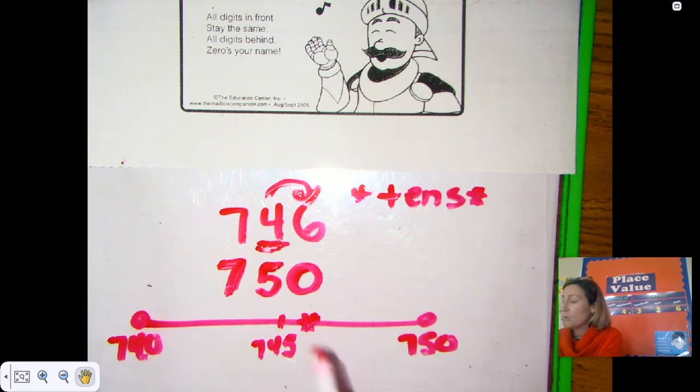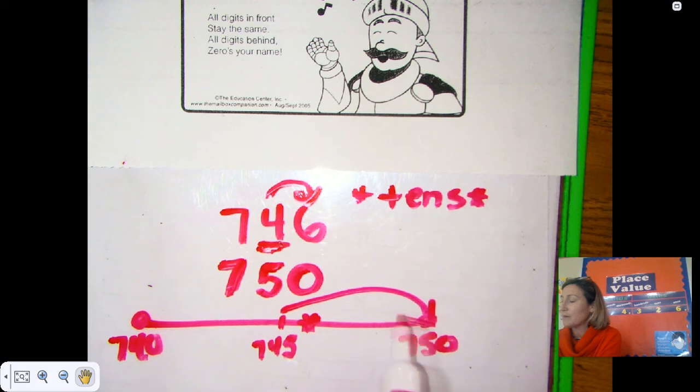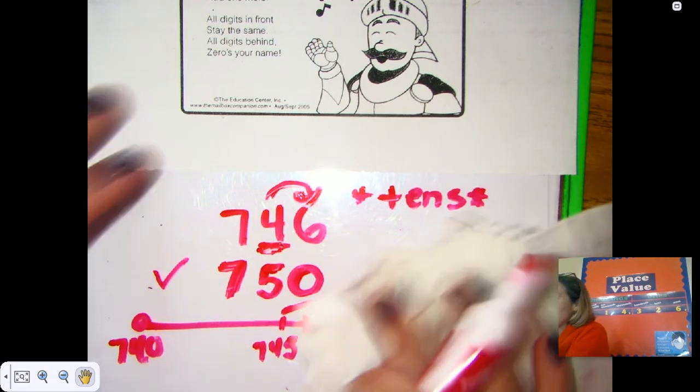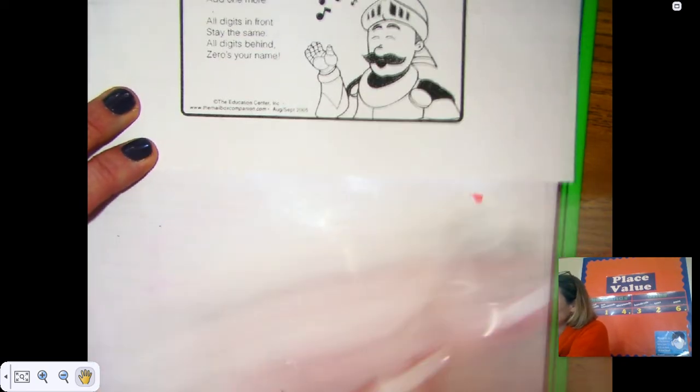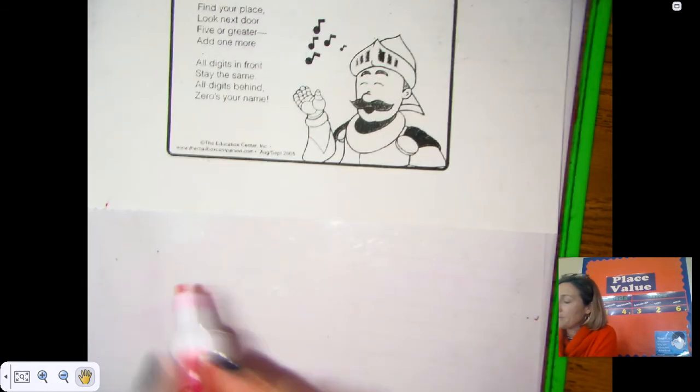So find your number, look next door, 5 or greater, we added one more. Even if you look at it on the number line, where would it fall? It would fall greater than the halfway point, which is 745, and we would round it up. So we did that correctly. All right, let's try to round a number where we go up a little bit higher.